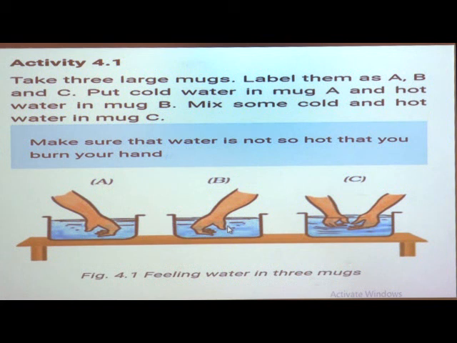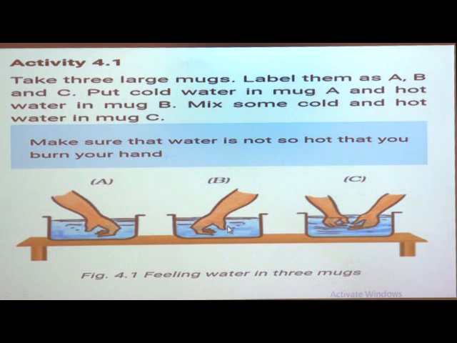So my question is, whenever you keep both hands in lukewarm water, first you have to touch the hot water and cold water, and after touching hot and cold water with your both hands, the right hand you keep in hot water and the left hand in cold water, and then both hands you keep in lukewarm water.